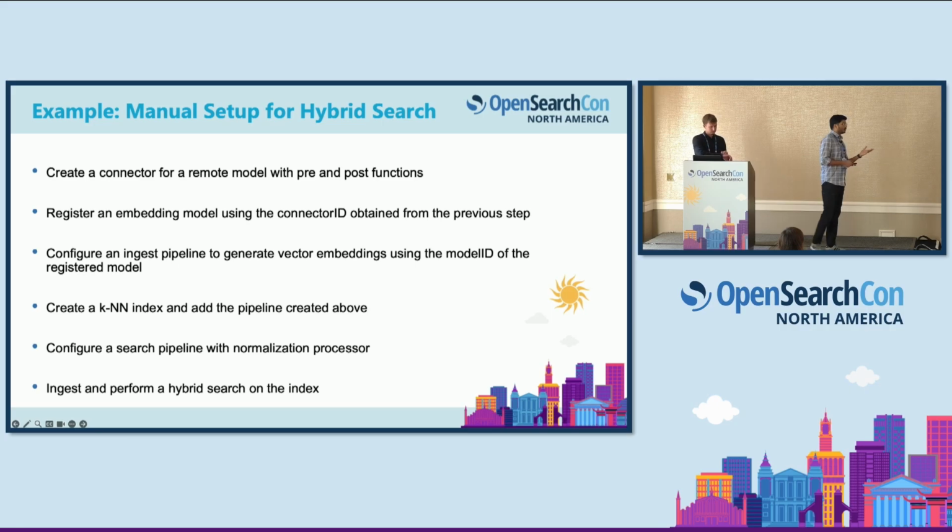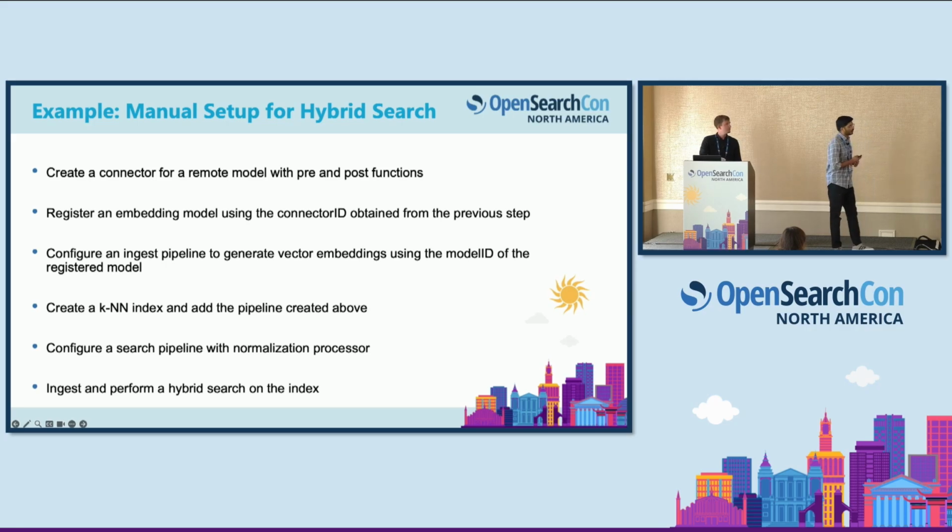And then you need a search pipeline with a normalization processor, because the normalization processor helps us create a normalized score. In hybrid search you have different types of subqueries: lexical queries, semantic queries, neural queries, I would say KNN queries, and all of these lie on a different scale. The normalization processor helps you normalize the score so that they come on the same scale. And then you start ingesting and performing a hybrid search on the index.